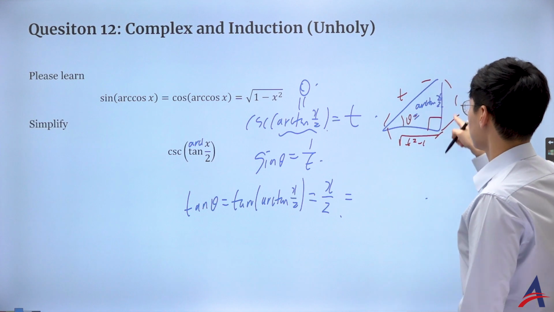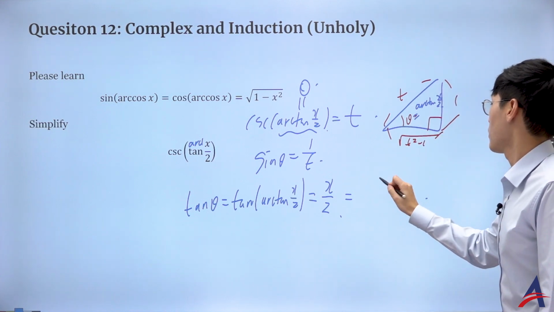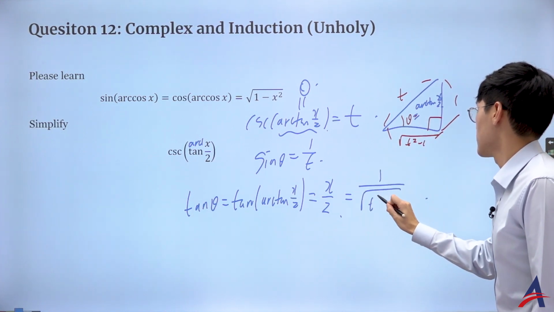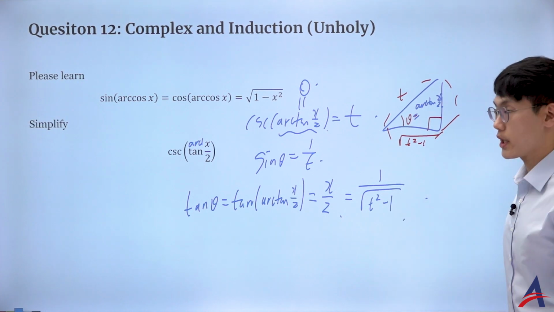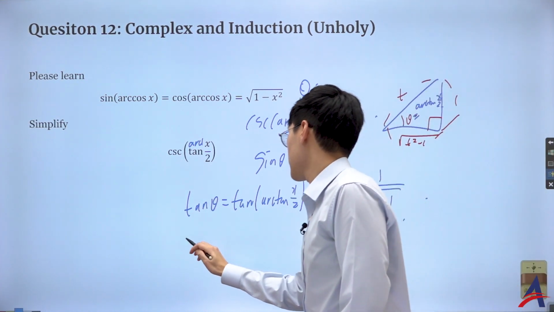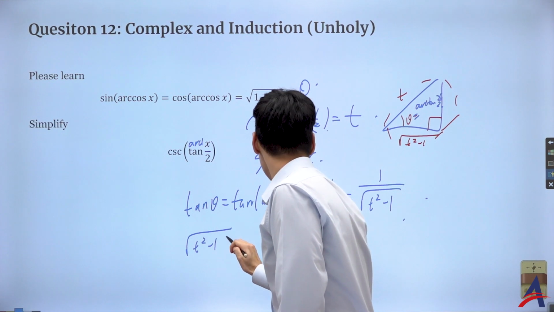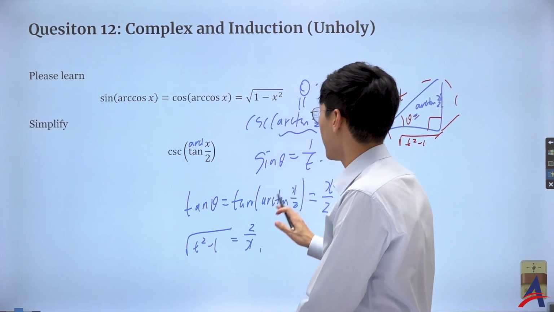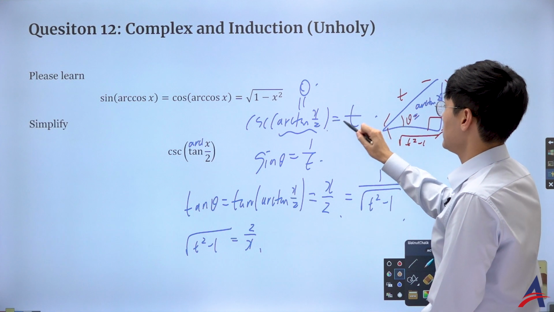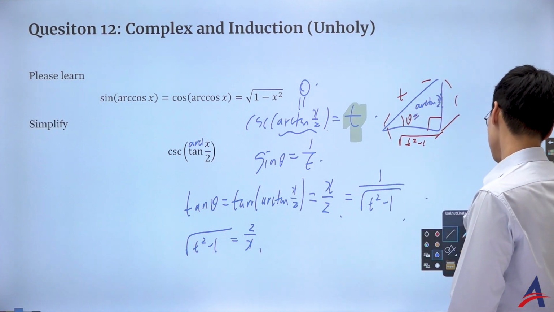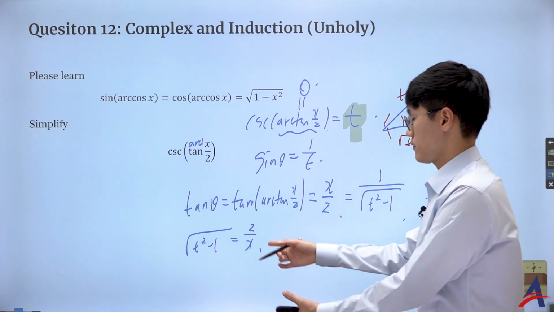On the right-hand side, with the right angle triangle, I get 1 over the square root of t squared minus 1. Then if you flip it, I get the square root of t squared minus 1 is 2 over x. But my job is to simply get t, the expression that I wanted in terms of x. So what I can do is solve for t.